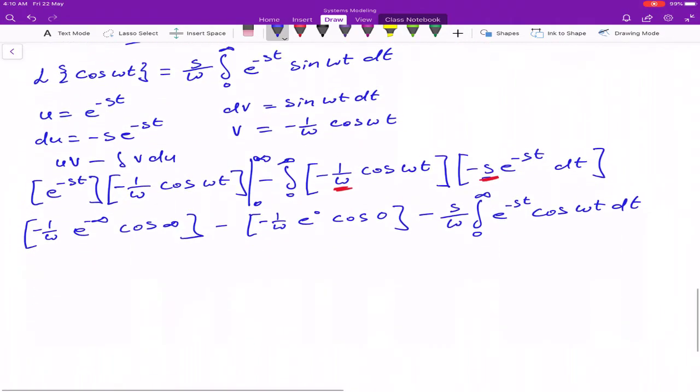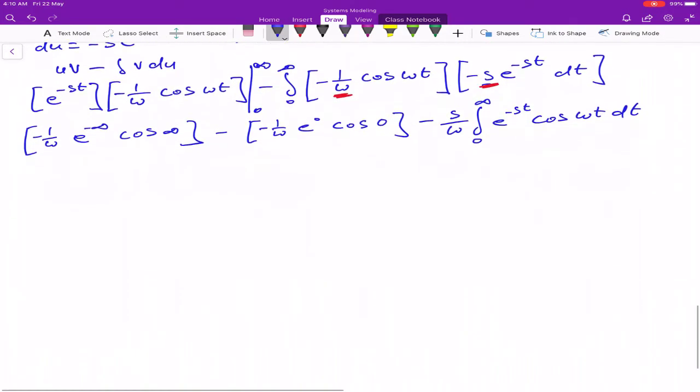And let me just shift this up a little bit so that I have enough space to write on. Now we can evaluate. E to the minus infinity will drive this whole thing to 0, just like before. So this whole thing will go to 0. Cosine of 0 is 1, okay?